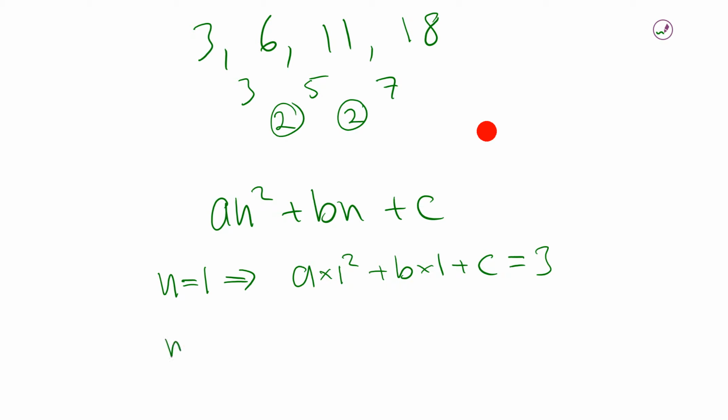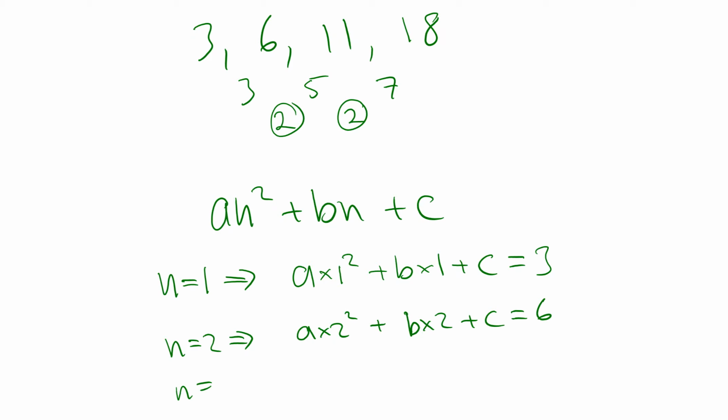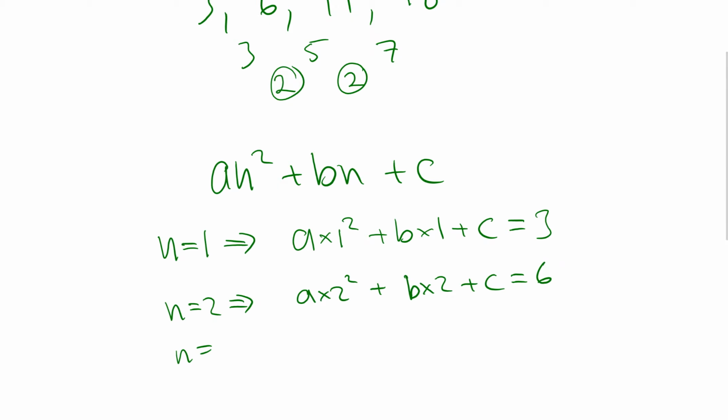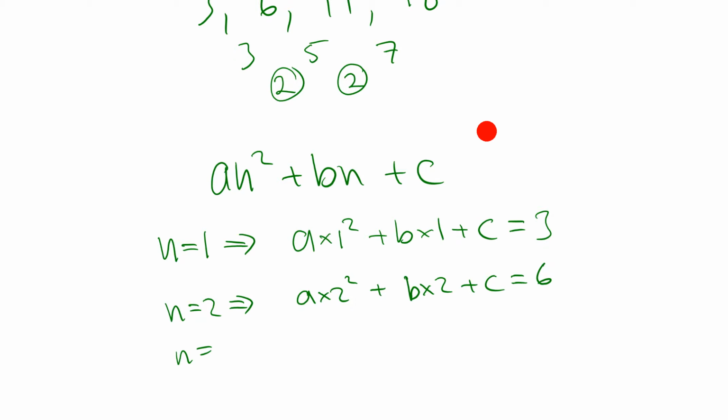When n is 2, it'll be a times 2 squared, plus b times 2, plus c, equals 6. And then n equals 3: a times 3 squared plus b times 3 plus c equals 11.